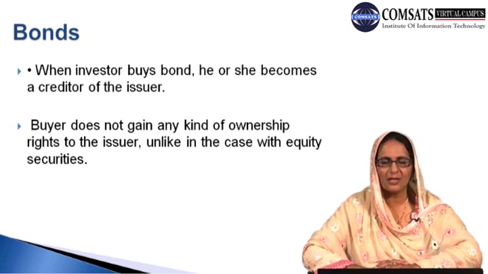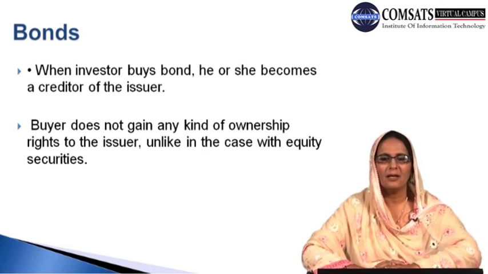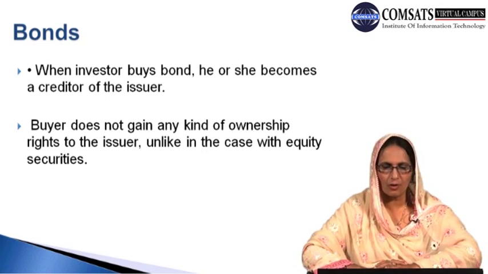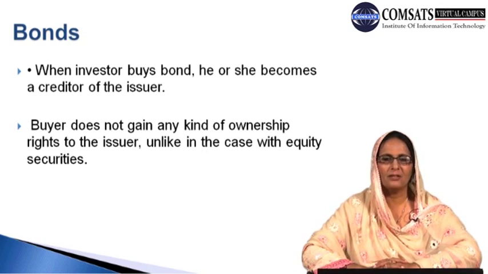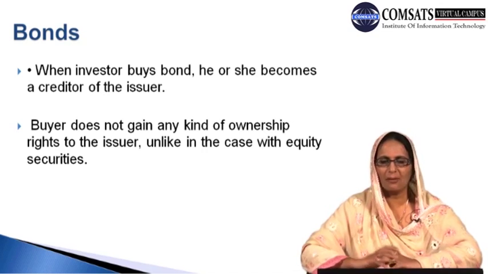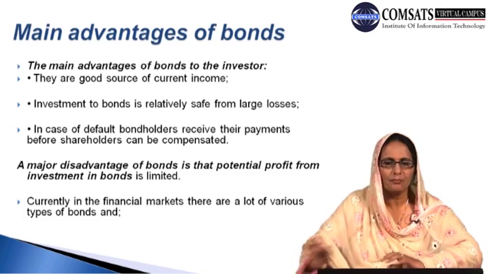Some types of bonds have fixed payments made on an installment basis, for others the payments are variable, and for some bonds we have the payment at the maturity time of the bond.